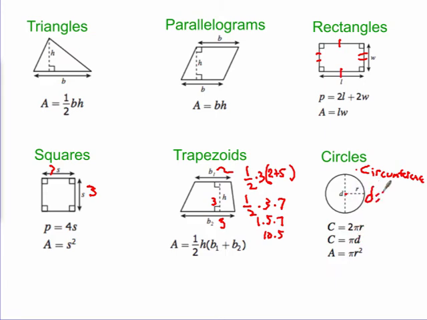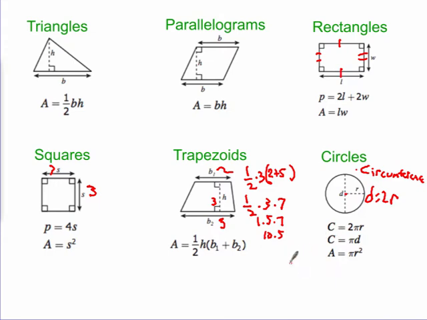So both of these formulas work, 2 pi r or pi times the diameter. These both work to tell me the distance around the outside of this circle. And the area is pi times the radius squared. So that's all we need to do to be able to find the area of a circle.